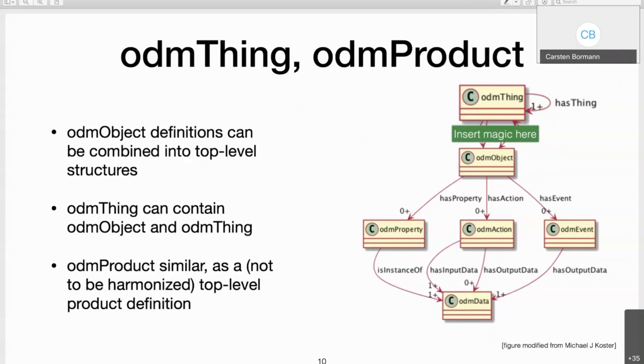And these objects, in turn, can be combined into things. So the assumption is that it makes sense to reuse object definitions in things, and I think that's something that many SDOs have. And things actually can reuse things. And I've put a little green thing here, insert magic, because we are still discussing how exactly to model a thing that's actually composed of multiple things of the same class.